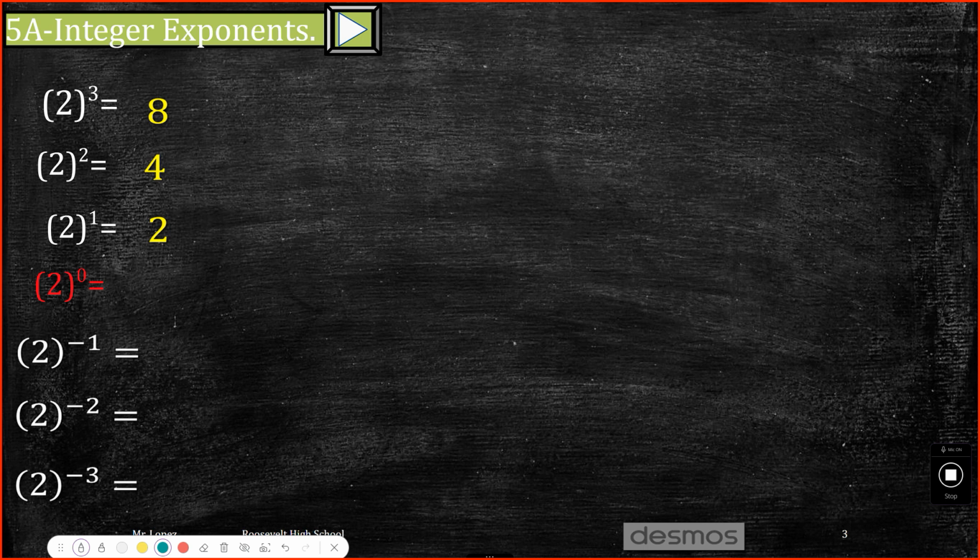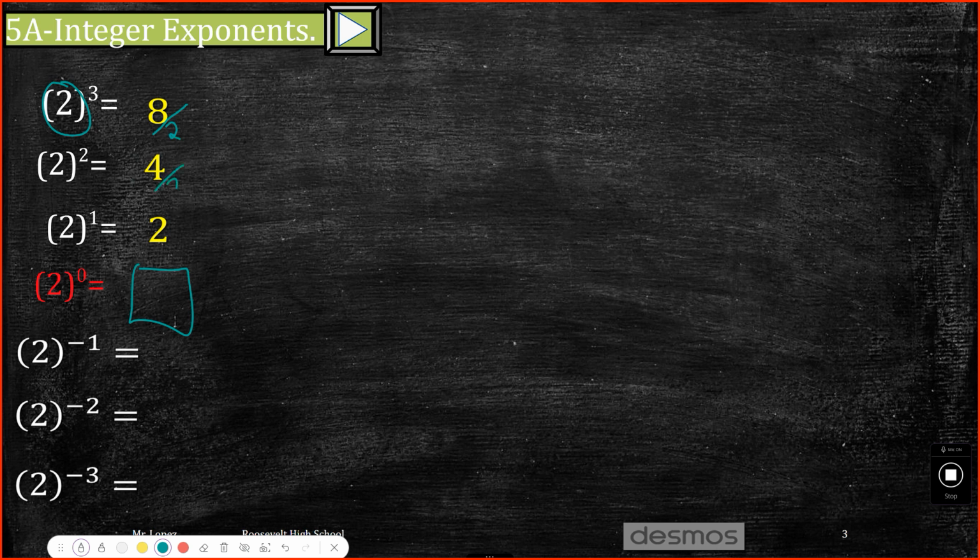All right, let me explain this. Let's figure it out. Is there a pattern here? I'm getting this next number to be 4. How can we see a pattern to figure out what this is? The base here is 2. The power is 3. If I divide 8 by 2, what is 8 divided by 2? 4.